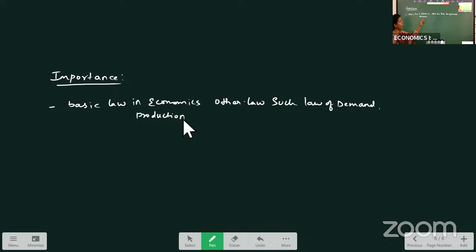Like law of demand, what will we study? More the quantity, less the price. In production, more the labor, less the output.